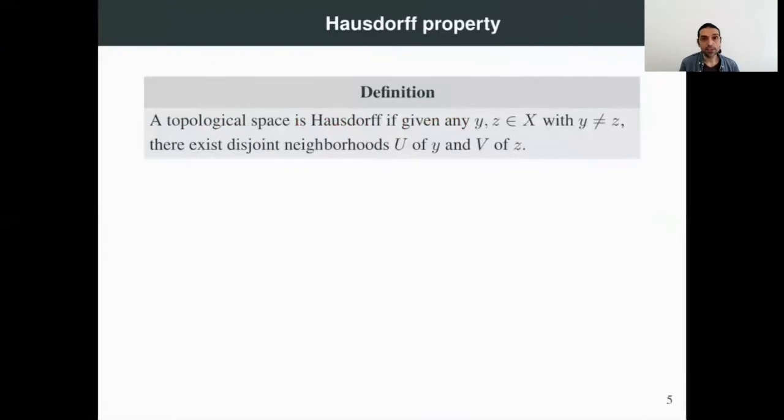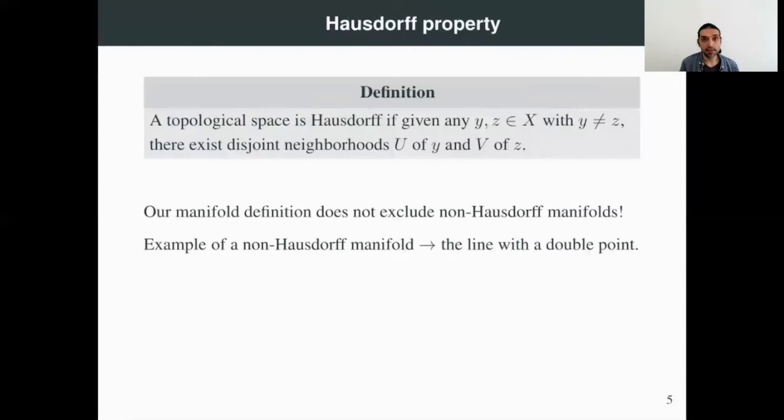Okay, so we're going to discuss a little bit these two properties, being Hausdorff and paracompact. A topological space is Hausdorff if given any pair of different points in the space, there exist disjoint neighborhoods U of one and V of the other. And let's point out that our definition of manifold does not exclude non-Hausdorff manifolds.